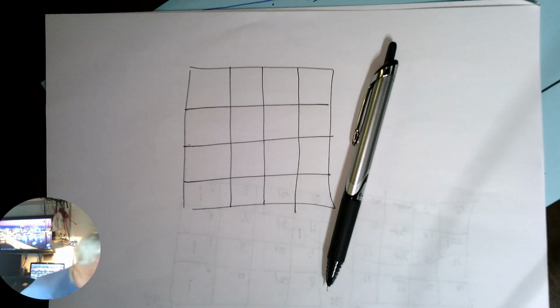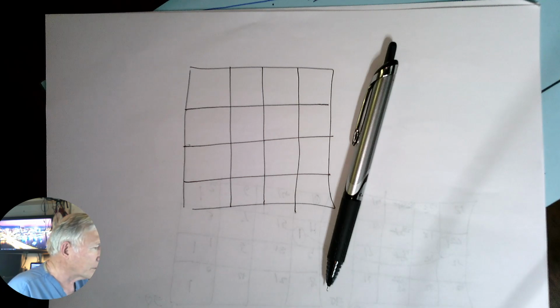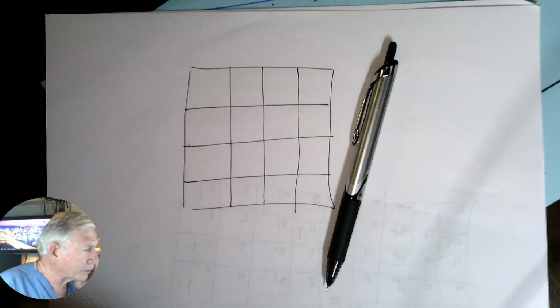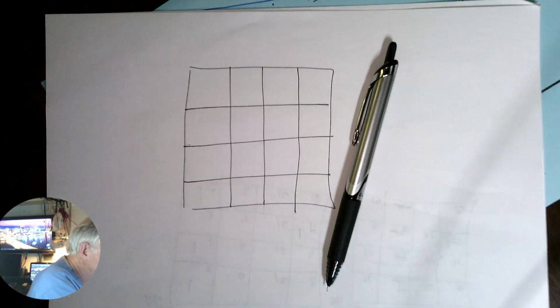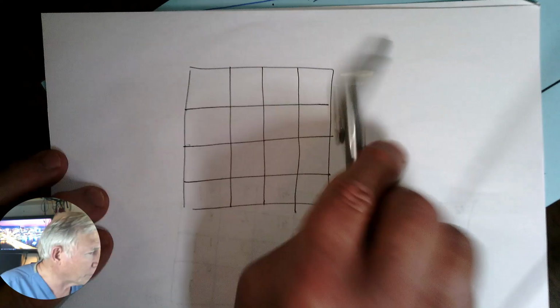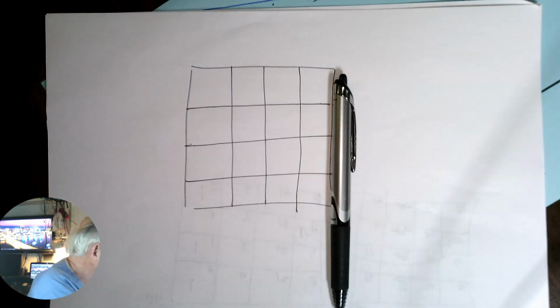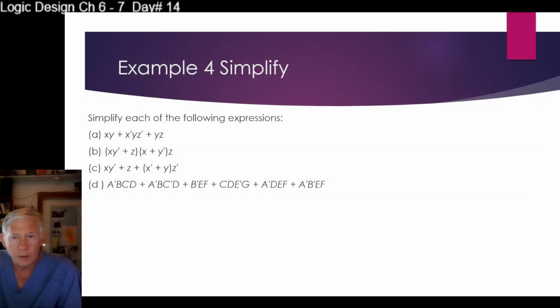I could do the last one, but that's got too many variables. So let's do B. It's not entirely obvious how easy that is, but yeah, it's pretty easy. But let's do it. Okay, transition.